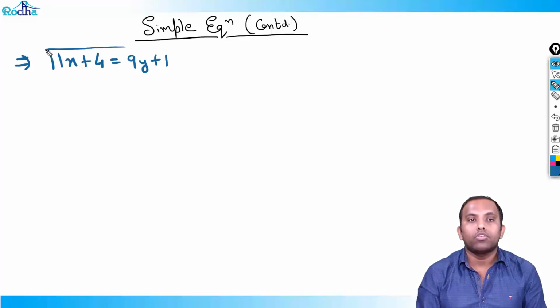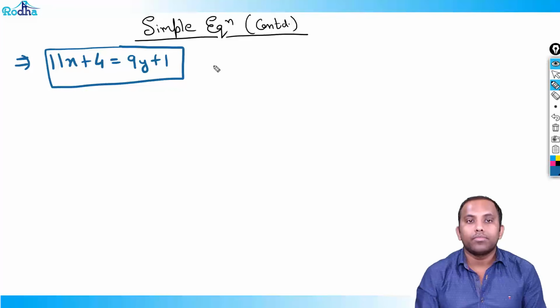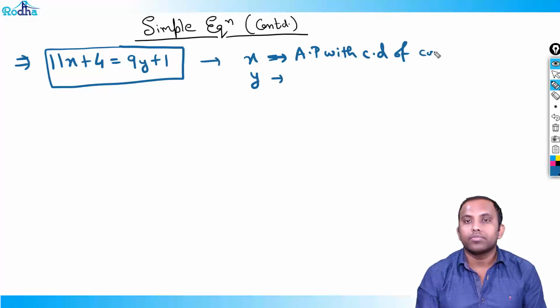How to solve it? I told you the x series will be an AP with common difference of coefficient of y.